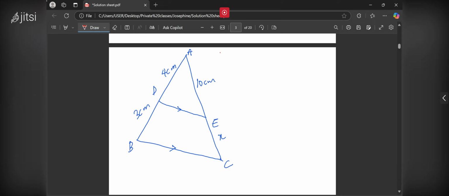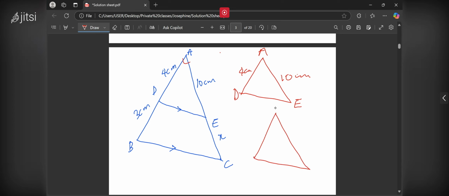So the first one is you bring the triangle out separately. Let me put an angle here. ADE: you have 10 centimeters here, then 4 centimeters here. Then the second one is ABC.